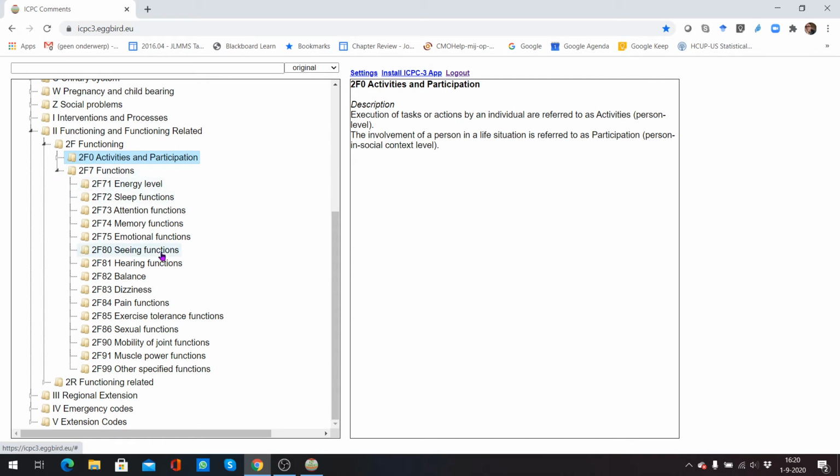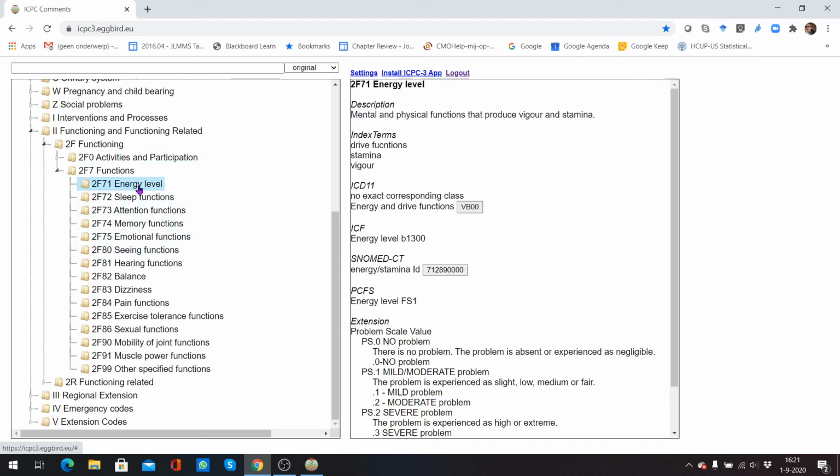As everywhere in the ICPC-3, in the right-hand window there is more content information about a class. It's a description, the links to different classifications, and to a terminology. As an example, we choose the activity watching.